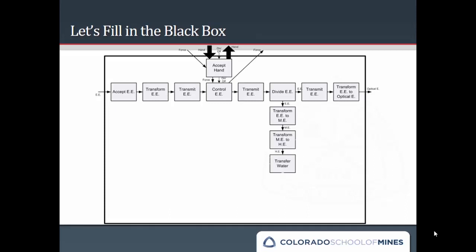We also want to be able to transform the electrical energy to mechanical energy, basically a pumping system. And I believe in this particular case we're also using heat energy. So once we transform the water to heated water, we transfer that water into the system.